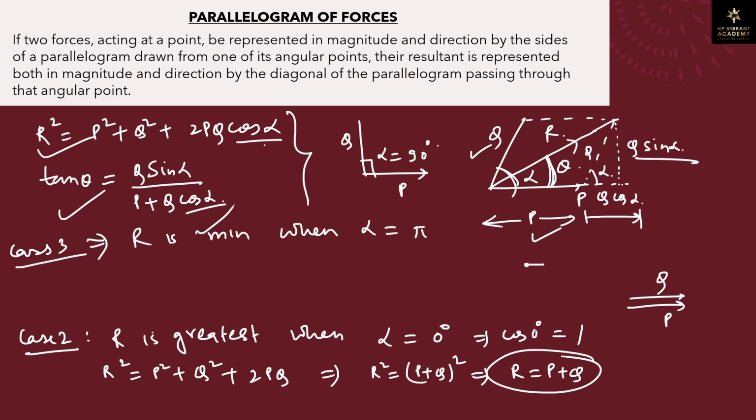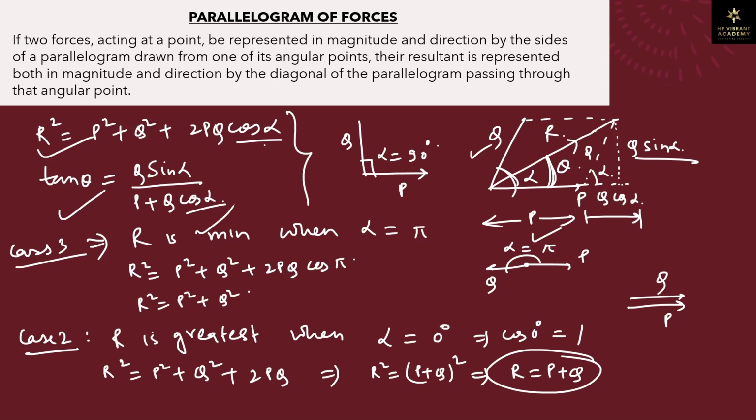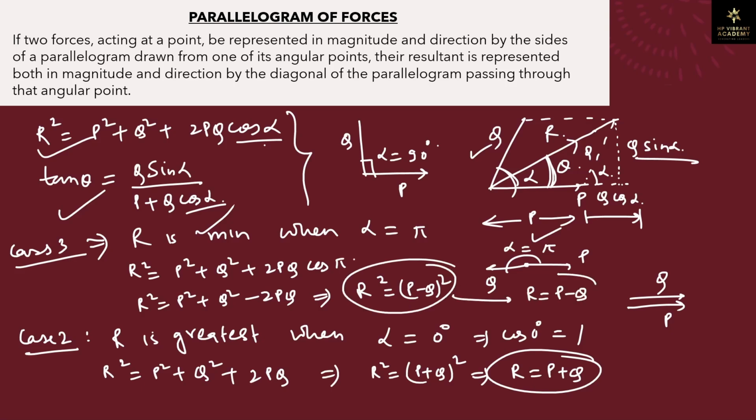This means P is in this particular direction and Q is in this particular direction and alpha is equal to pi. So R square is equal to P square plus Q square plus 2PQ cos of pi. So R square is equal to P square plus Q square minus 2PQ. So R square is equal to P minus Q whole square. Let us further simplify this. R is equal to P minus Q. This is our resultant. Let us discuss the next topic.